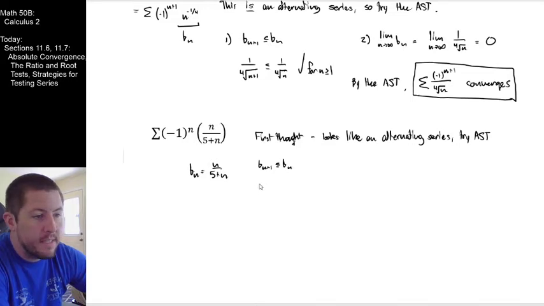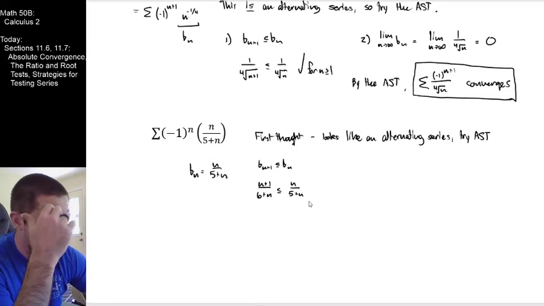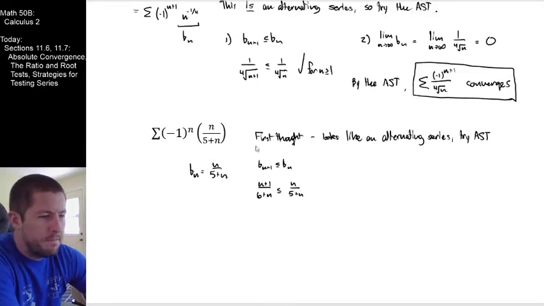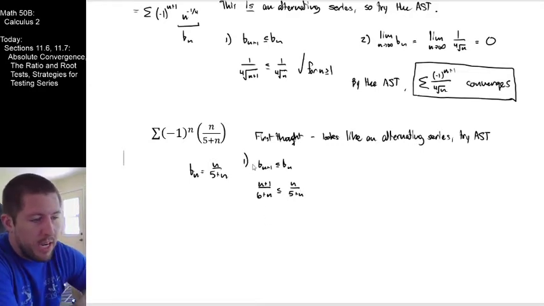In this case, we're asking then is n plus 1 over 6 plus n less than or equal to n over 5 plus n? That is not directly obvious to me. By the way, this is our first check right there.